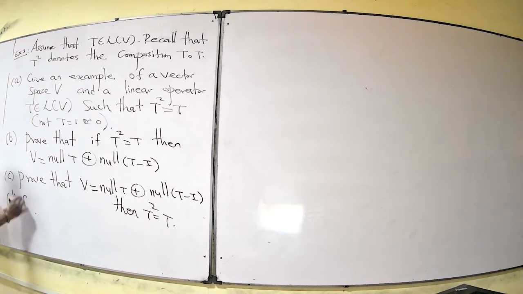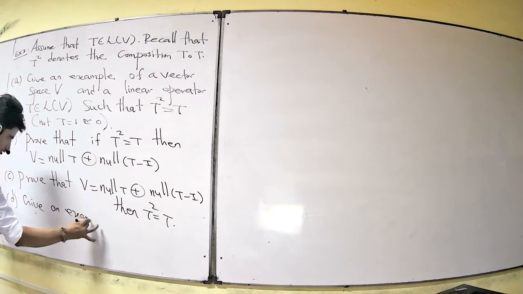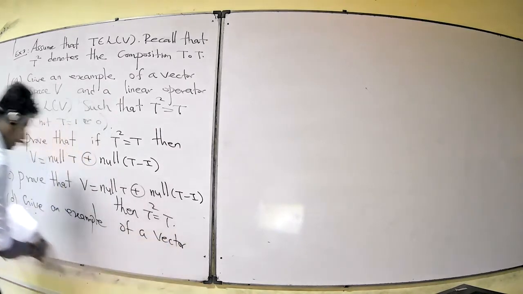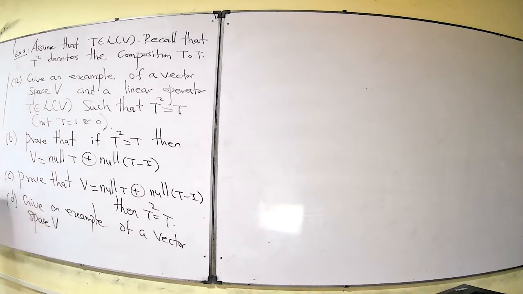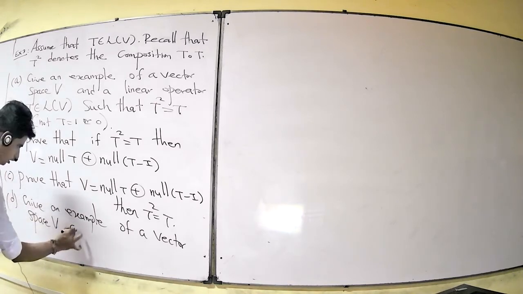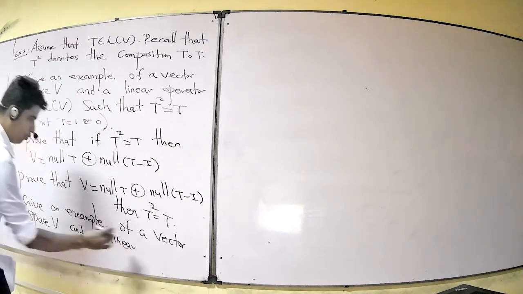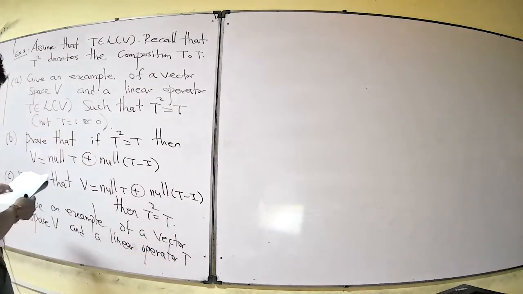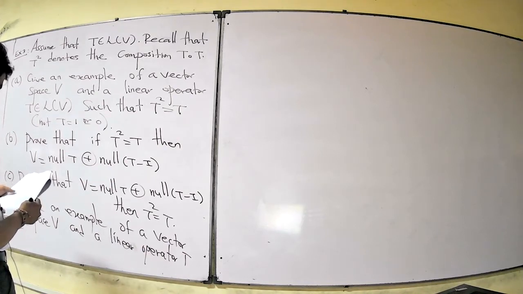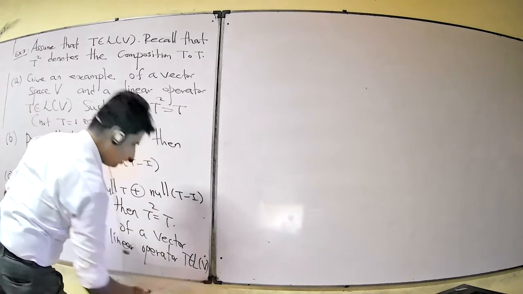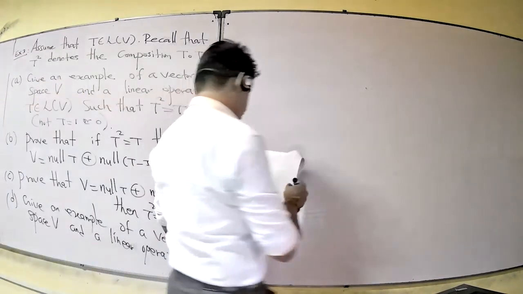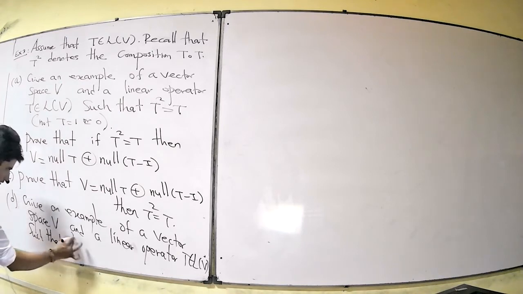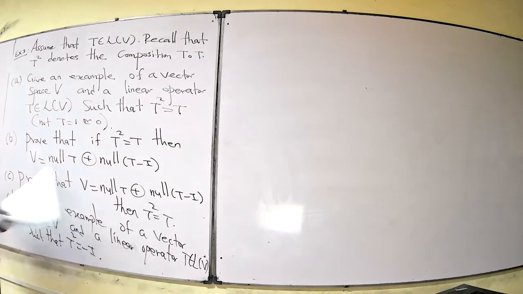Give an example of a vector space V and a linear operator T, T belonging to L(V, V), such that, for this condition you want to give the example, like the first part, right?